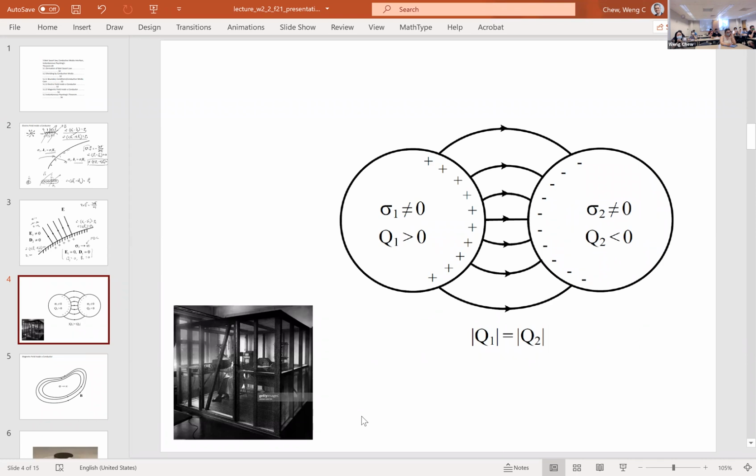So the charges reorient themselves to produce an internal field that cancels everything inside. So the E has to be zero. E being zero means that there's no current flow, and we reach the quiescent state. The quiescent state being that there cannot be any current flowing inside this conductor.